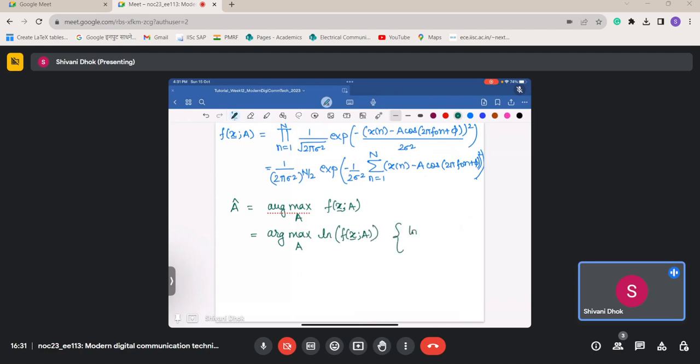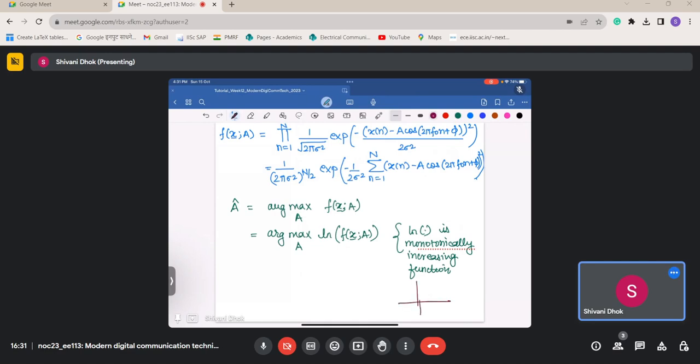Because log is a monotonically increasing function. What do you mean by a monotonically increasing function?